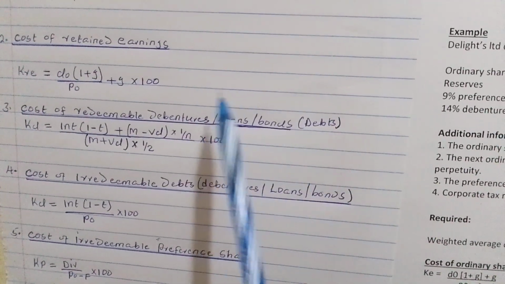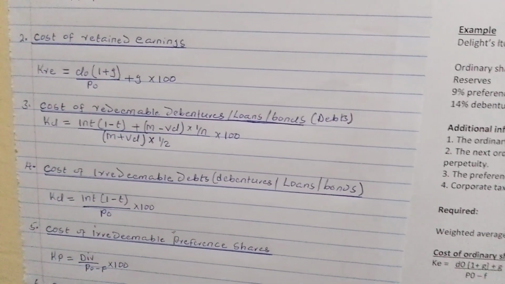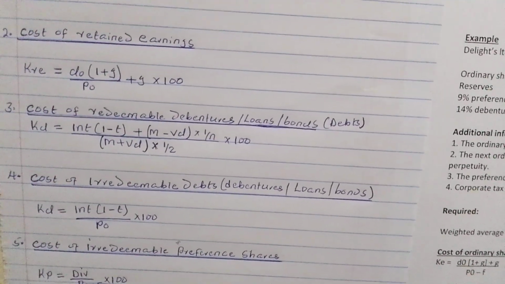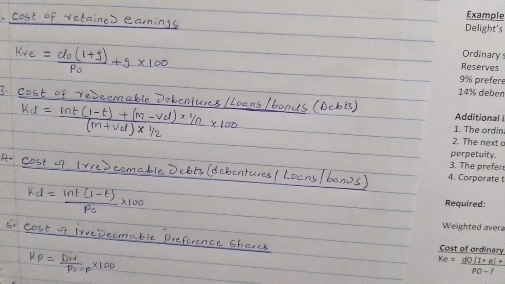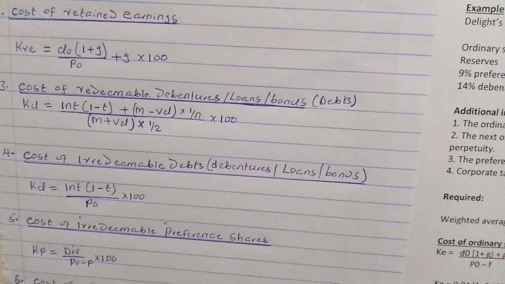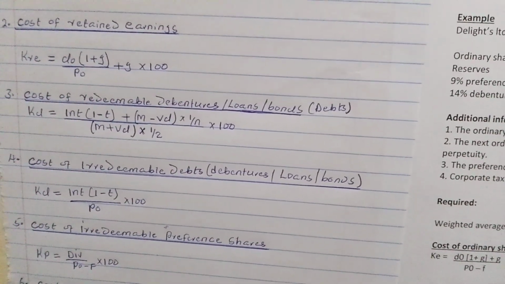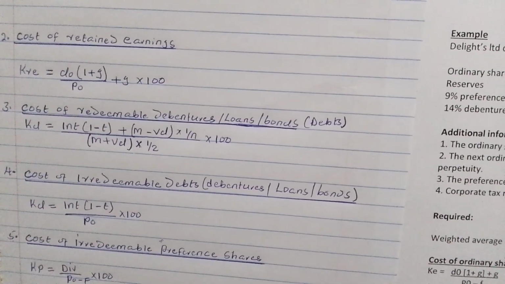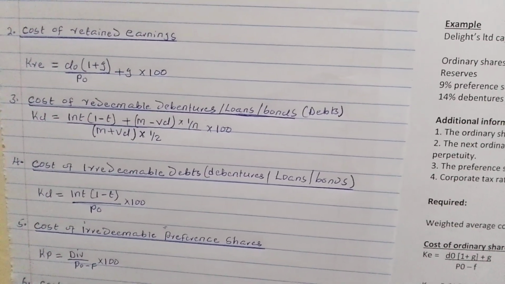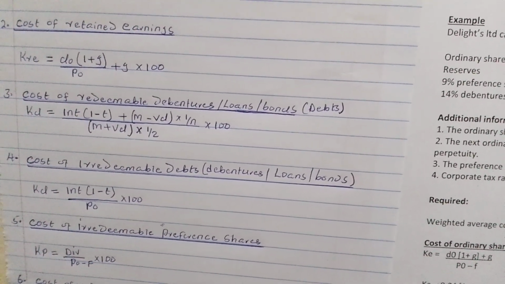Now, before that, we should note that debts can either be redeemable or irredeemable. Redeemable means those debts which have been issued, but the issuer will purchase them back in the future.